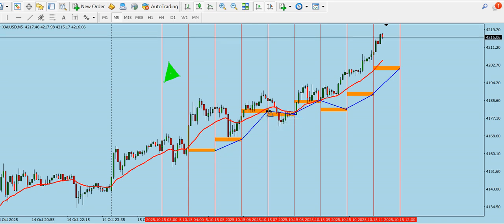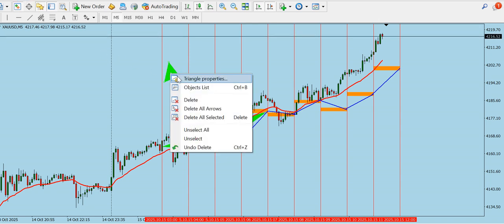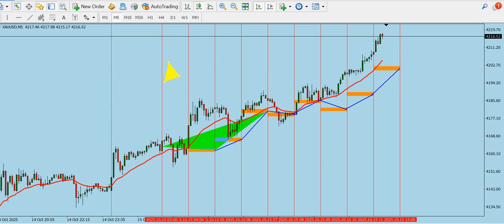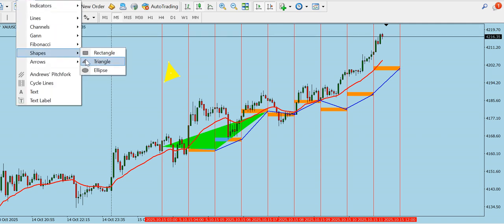While I'll map the bearish possible trend with yellow colored triangle.